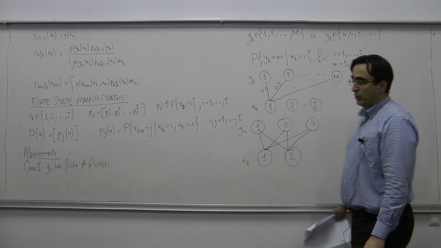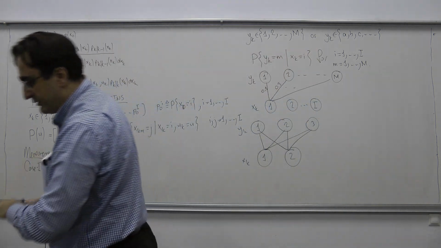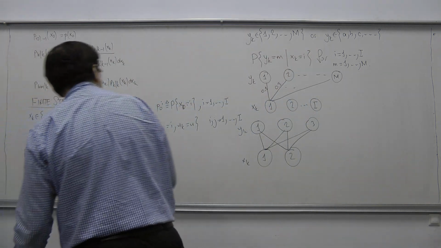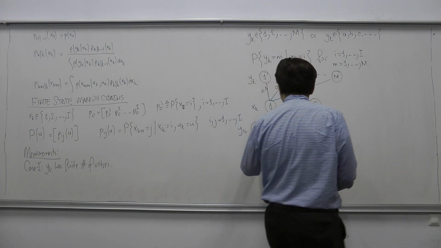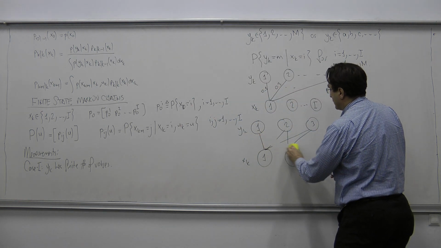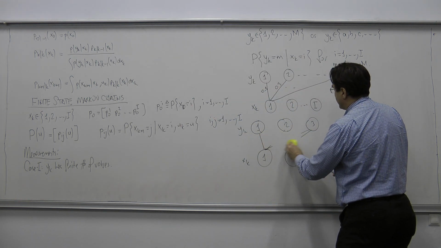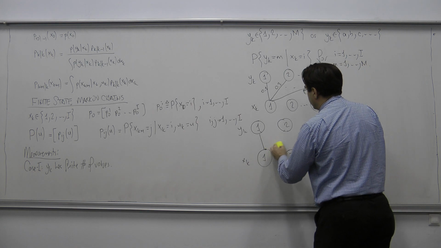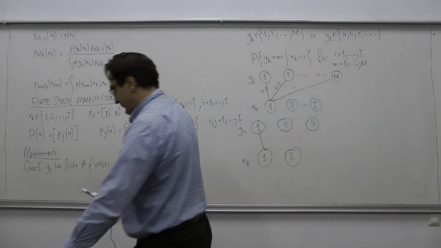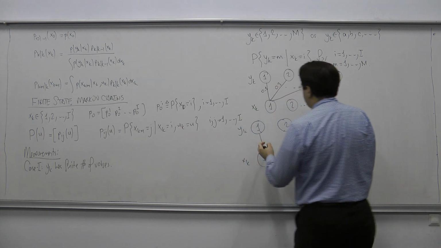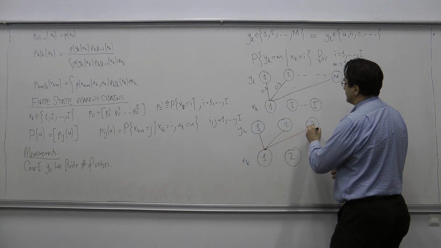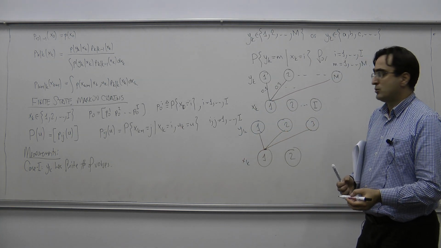I need to know all of these probabilities in order to have the measurement model of the Markov chain. Here I will just show them with different colors. Let us first look at the probabilities. I'm making this example up. It is not in the notes.